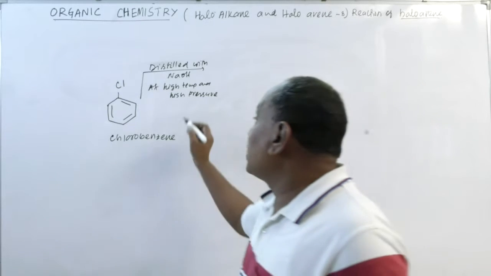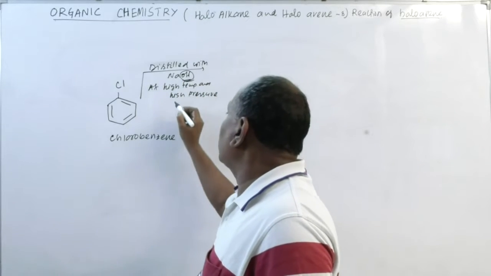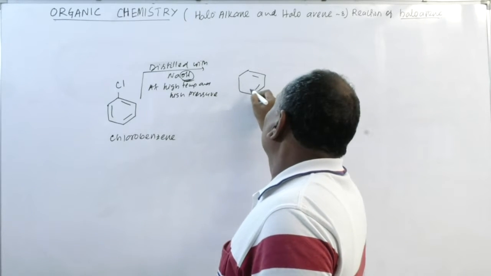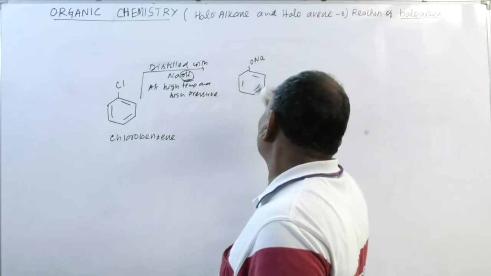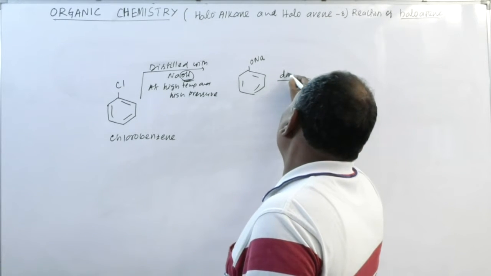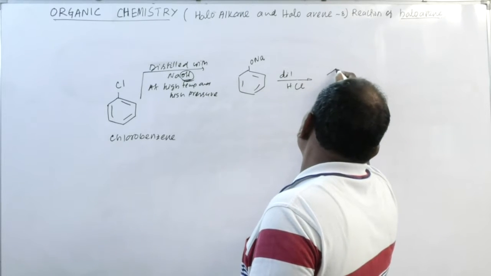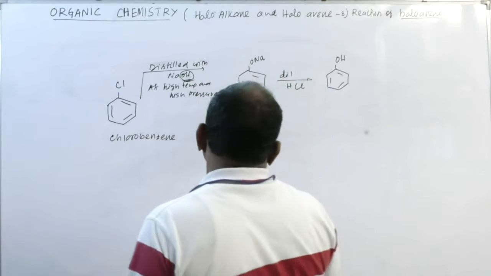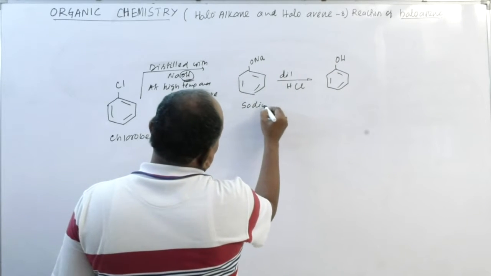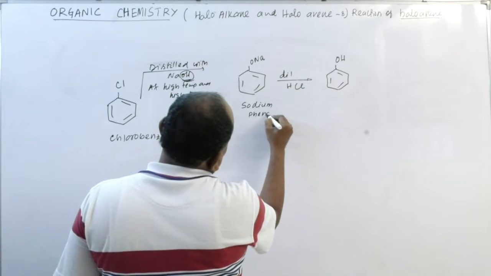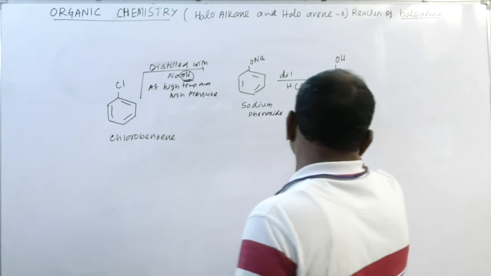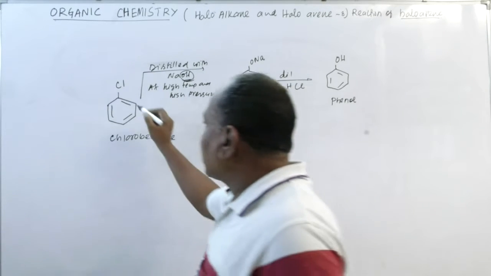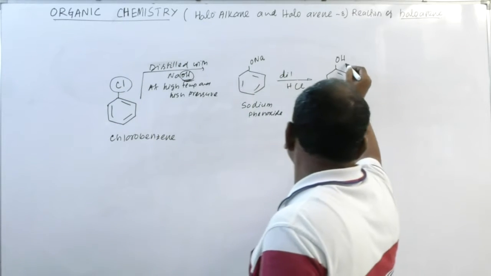That means it can be substituted by the OH group. So sodium phenoxide is formed. This is treated with dilute HCl. It gives you phenol. This is called sodium phenoxide, and this is called phenol. You see, the Cl group is substituted by the OH group.